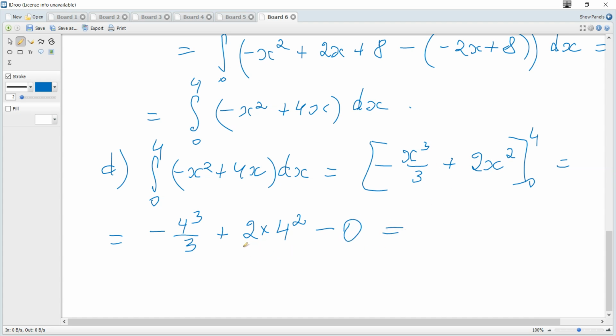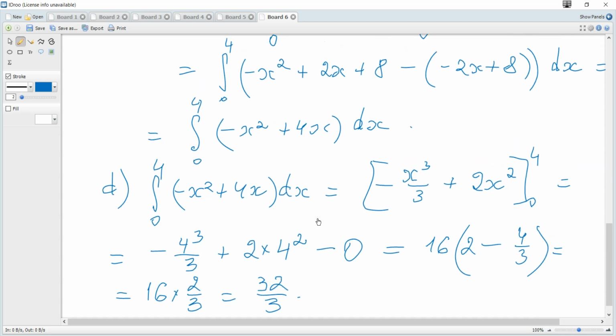To make it easier to calculate, we can factor out 4 squared, which is 16, to get 16 multiplied by 2 minus 4 over 3. And 2 is 6 over 3, so 6 over 3 minus 4 over 3 is 2 over 3. So it becomes 16 times 2 over 3, or 32 over 3.